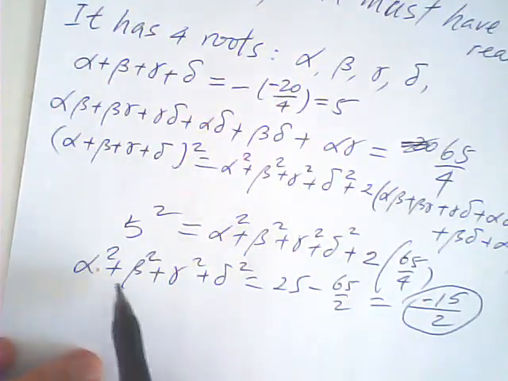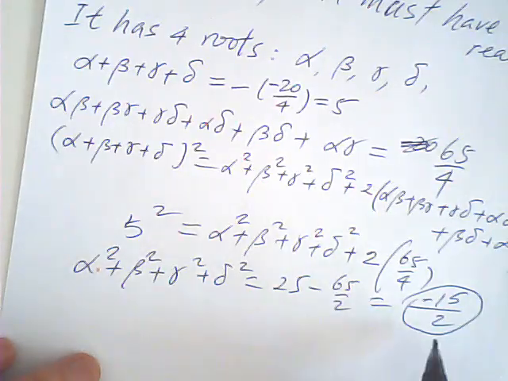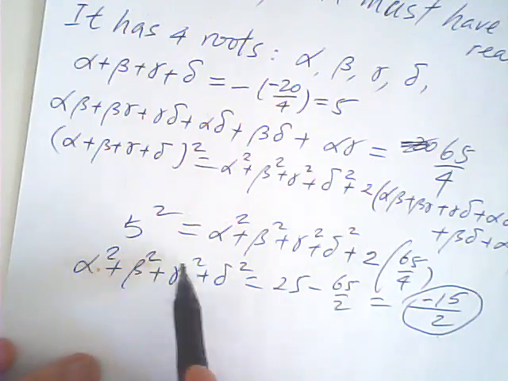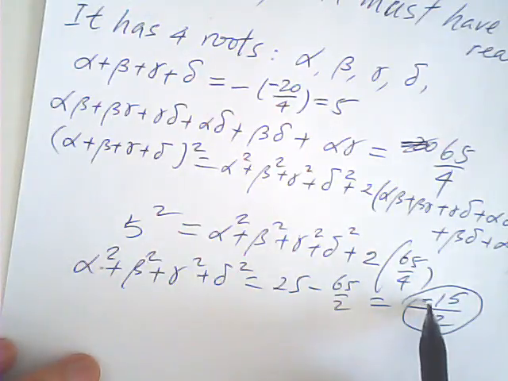Which means that the sum of these four roots squared is negative. If they were all real, the squares would be positive, but this is negative.